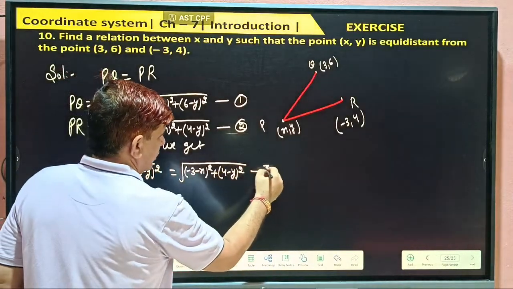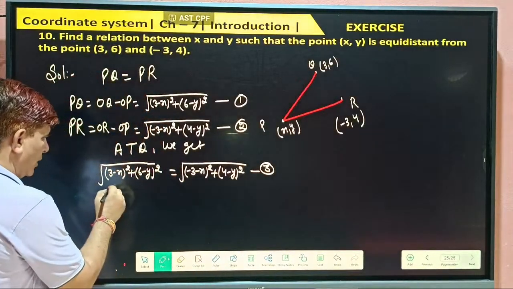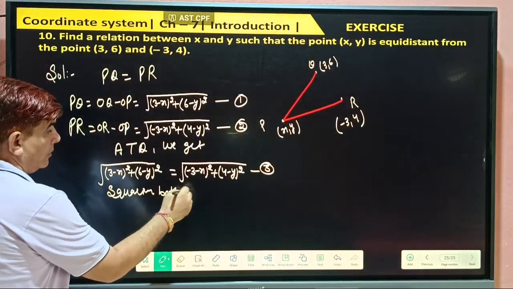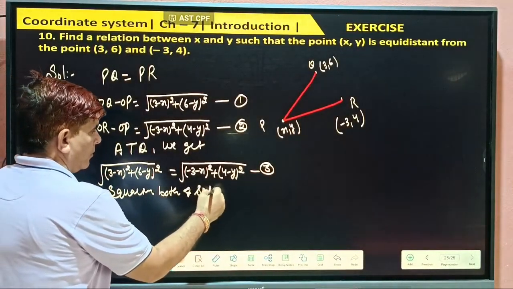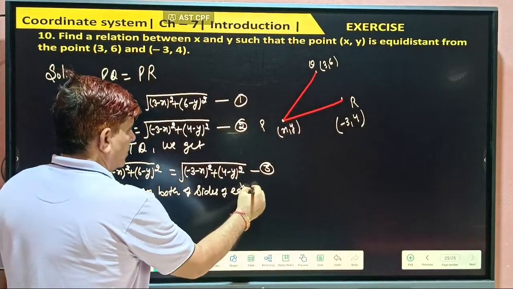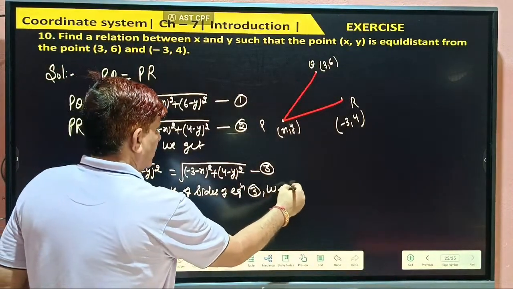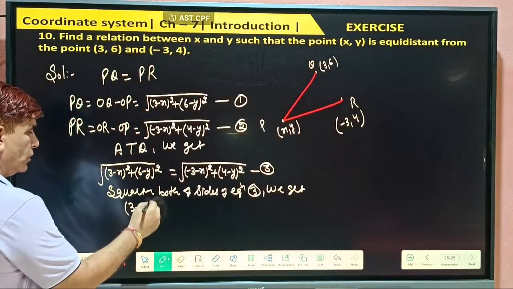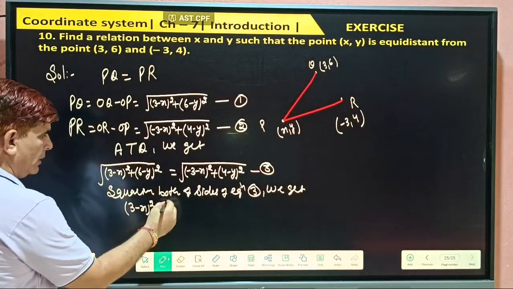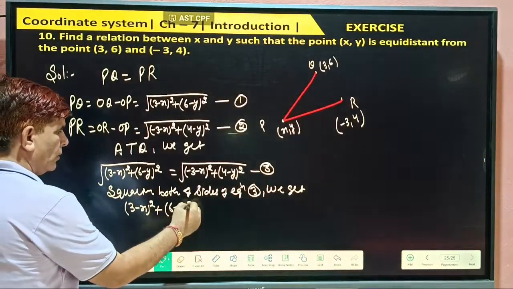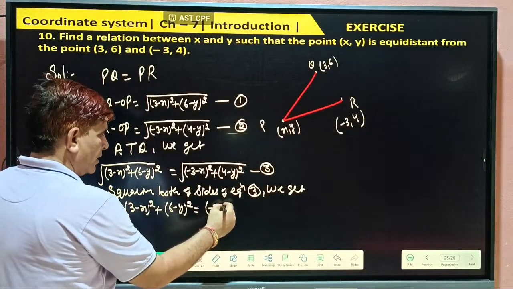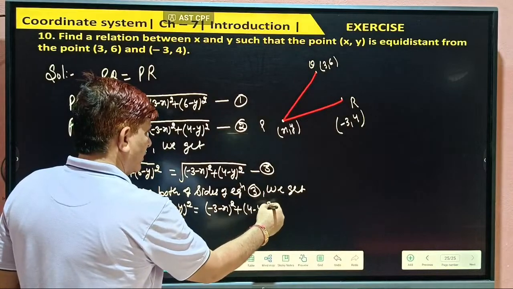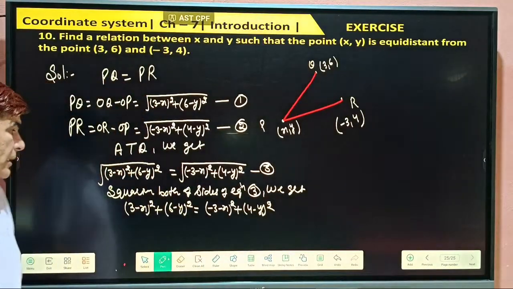This is, we can say, equation number 3. Squaring both sides of equation 3, we get: 3 minus X whole square, the under root removed, plus 6 minus Y whole square equal to minus 3 minus X whole square plus 4 minus Y whole square. Now solve this square.